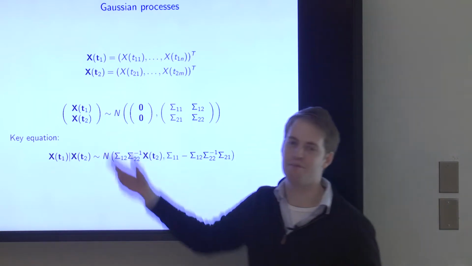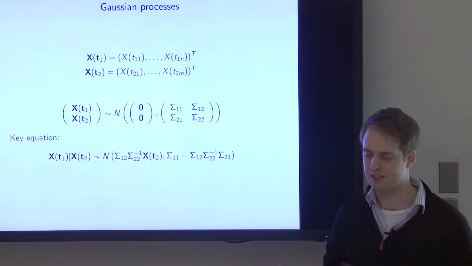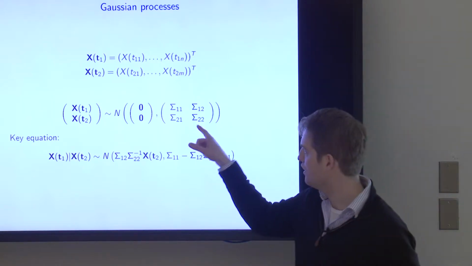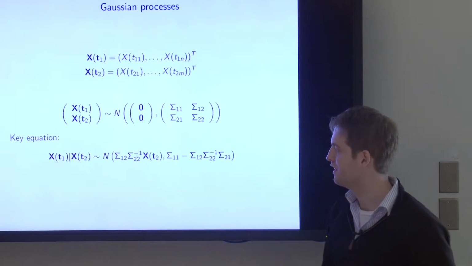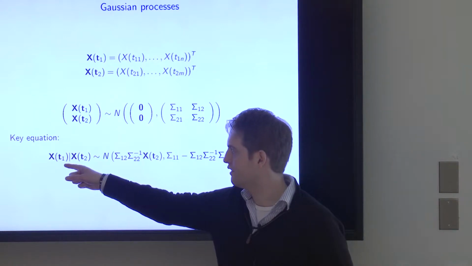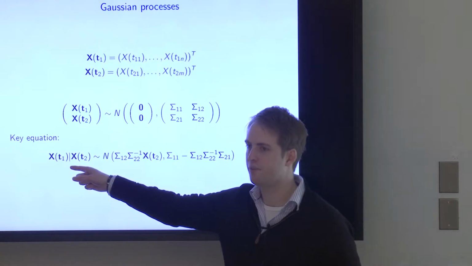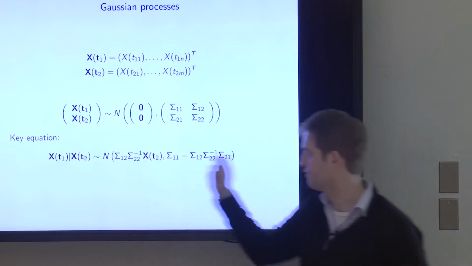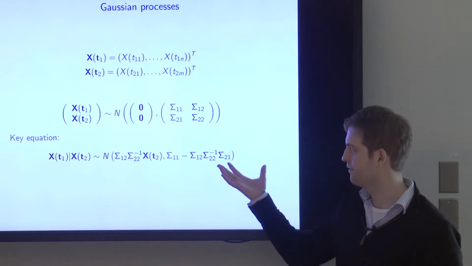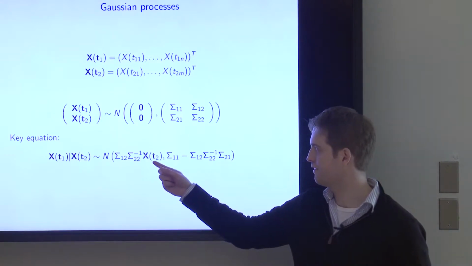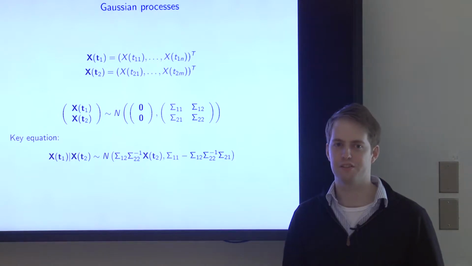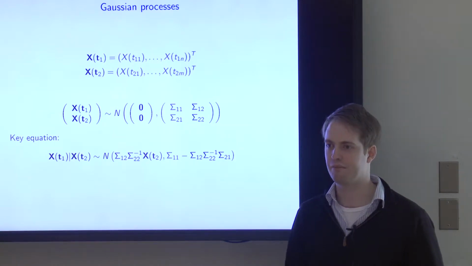You have a vector of times of the process, and at some of these times the process has been observed and at others it hasn't. Then you define your covariance matrix, and you can predict the process at times t1 from your observations, just following the multivariate normal calculation. So this is basically just a regression, because you have your observed values x(t2), and then some linear combination of those.